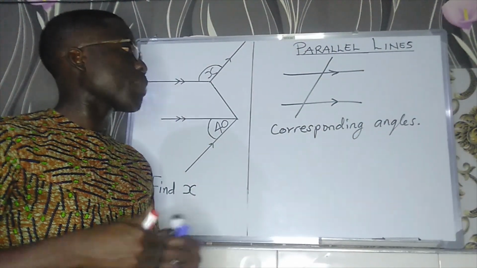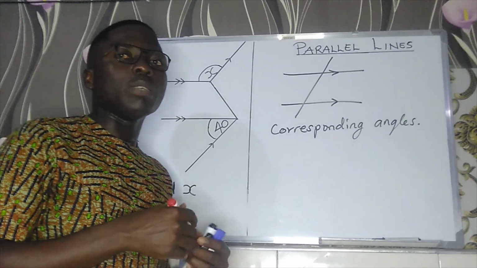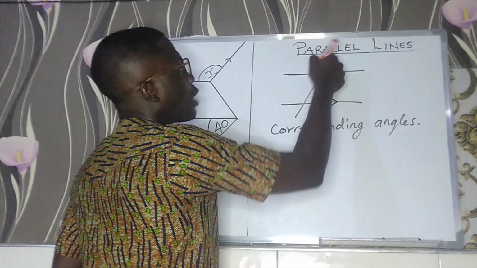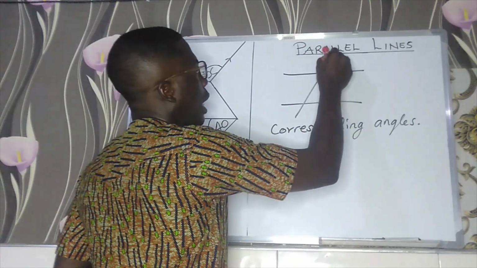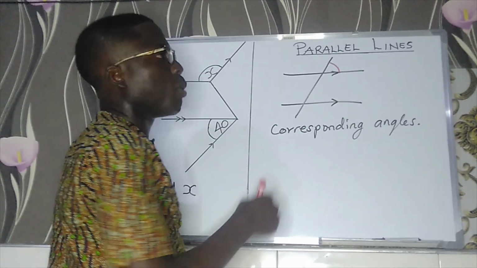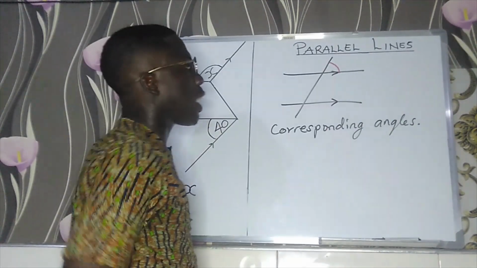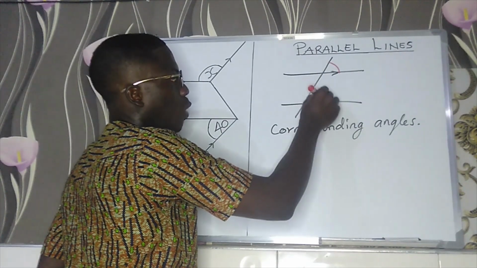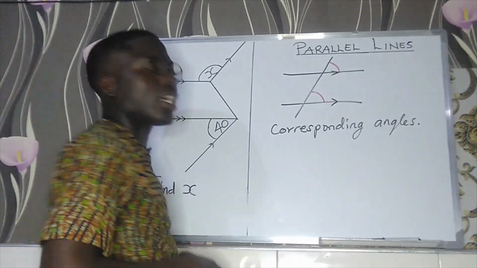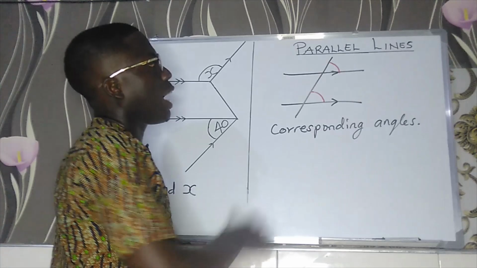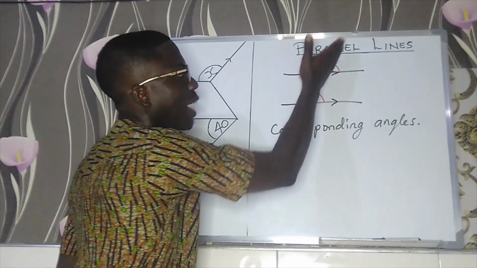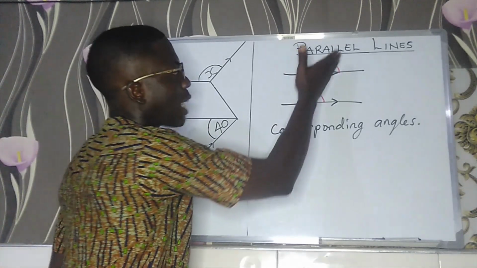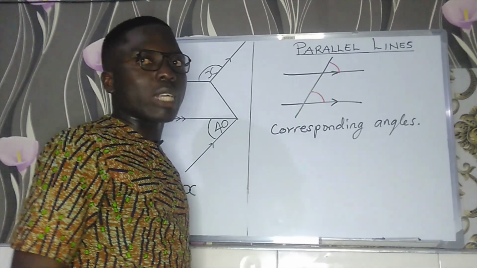Now, when we talk of corresponding, they are similar in relationship. Whenever you have a transversal line crossing through parallel lines, the angle formed on the parallel line at this particular point is also equal to the one formed on the other parallel line. And they should all be at one side of the transversal line. Don't forget, they should all be at one side of the transversal line.